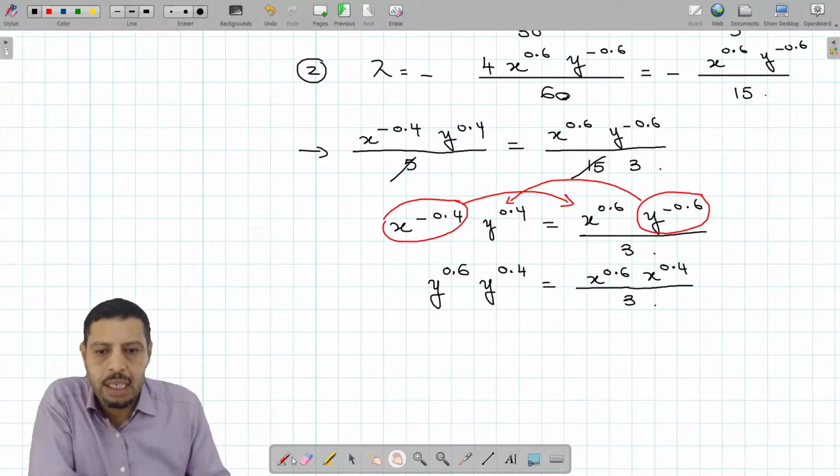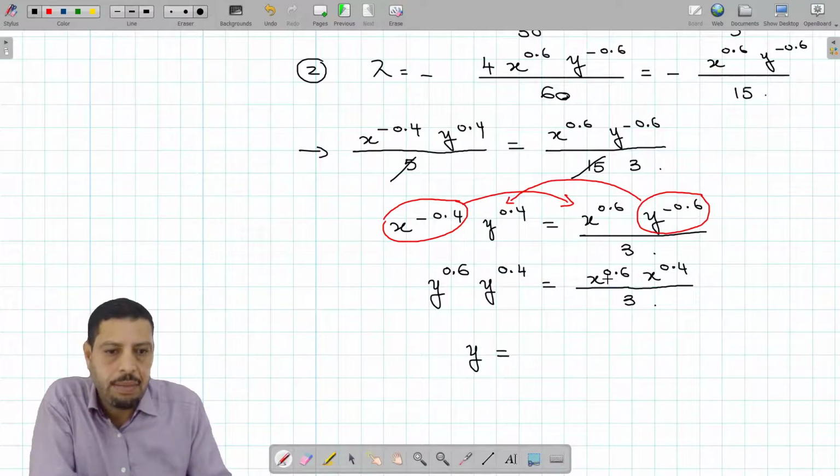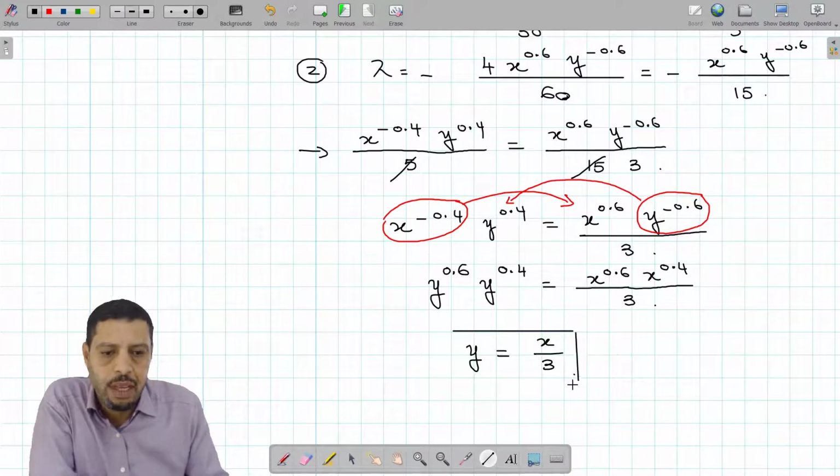Now, using the exponents rule, you add the exponents here, so you will get y to the power of 0.6 plus 0.4, which is 1, equals, same thing here for the x's, x over 3, and you will get here a relationship between the y and the x. You will use it to solve the third equation, okay?